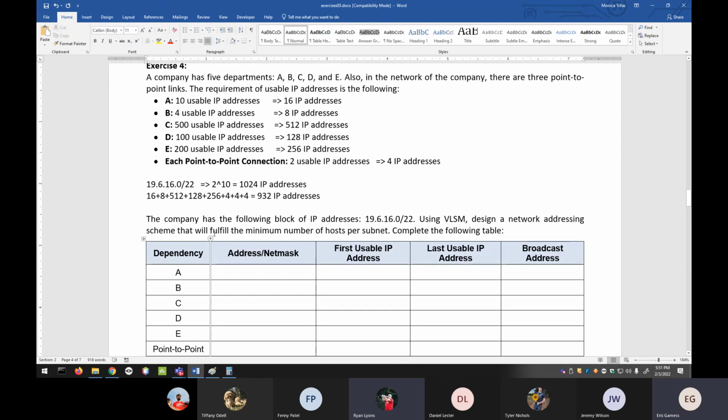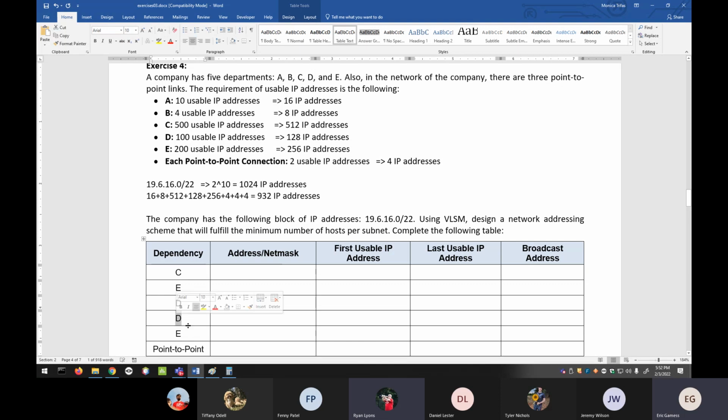Who is the first network I should work with of all these networks? C, the biggest one. After doing C, I should do what? E. After doing E, I should do what? D. After doing D, I should do what?